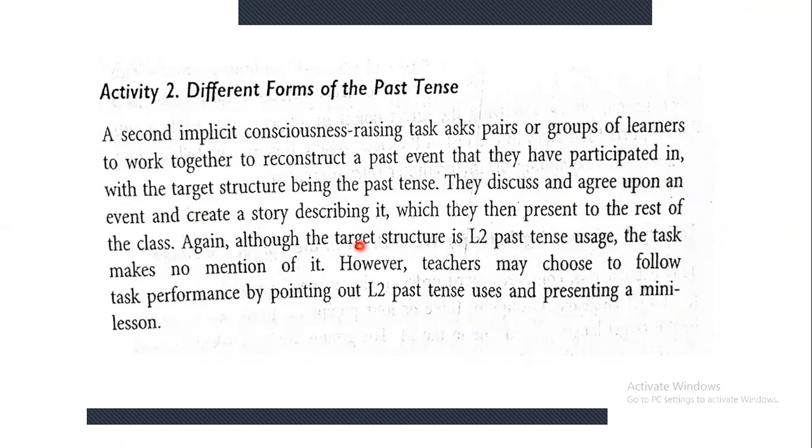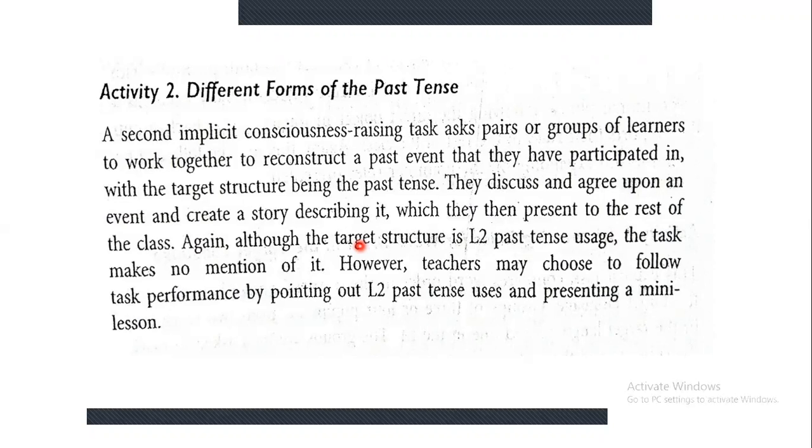A second implicit consciousness-raising task asks pairs or groups of learners to work together to reconstruct an event that they have participated in, with the target structure being the past tense. They discuss and agree upon an event and create a story describing it, which they then present to the rest of the class.